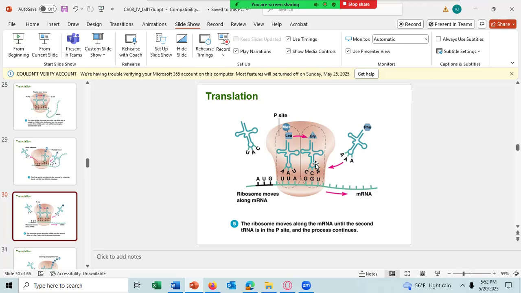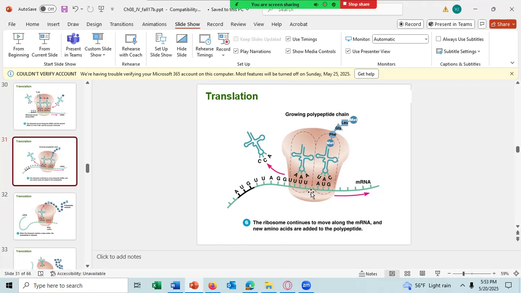Any questions about any of that? This tRNA then doesn't have an amino acid, or amino acids in this case, linked to it. And so this tRNA will fall out of position, but allow the messenger RNA to move down one codon. This will now move from the second position to the first position, allowing the next amino acid to come in the second position.